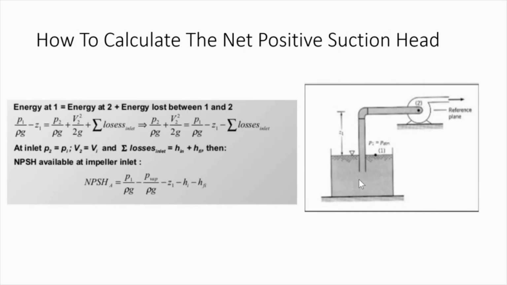So your velocity, however much velocity you're seeing in there. You add all the energies at this point, and you add all the energies at this point, and the total energy will be the same. So this is how you can calculate NPSH available.